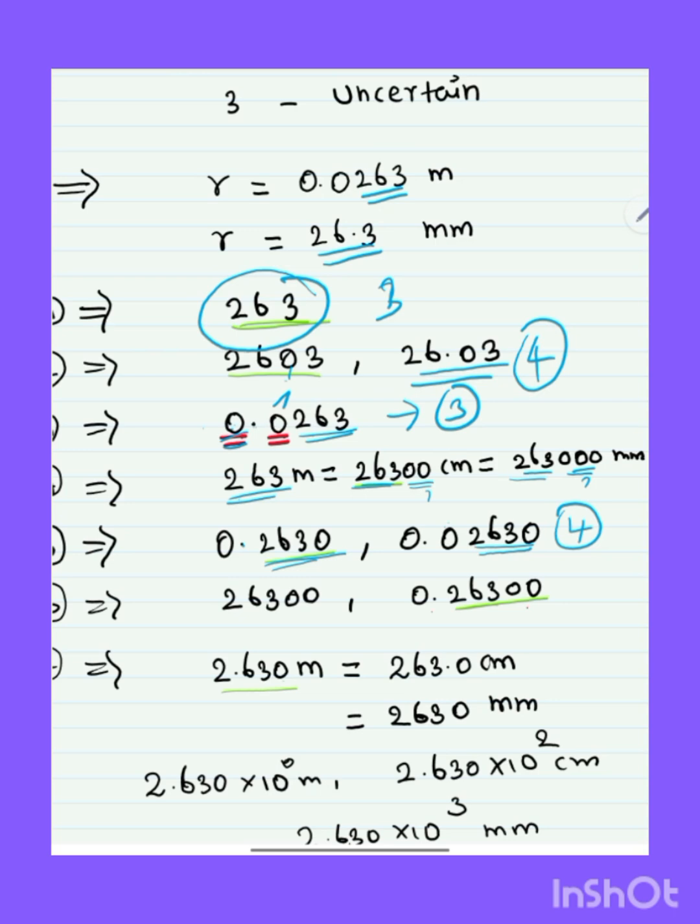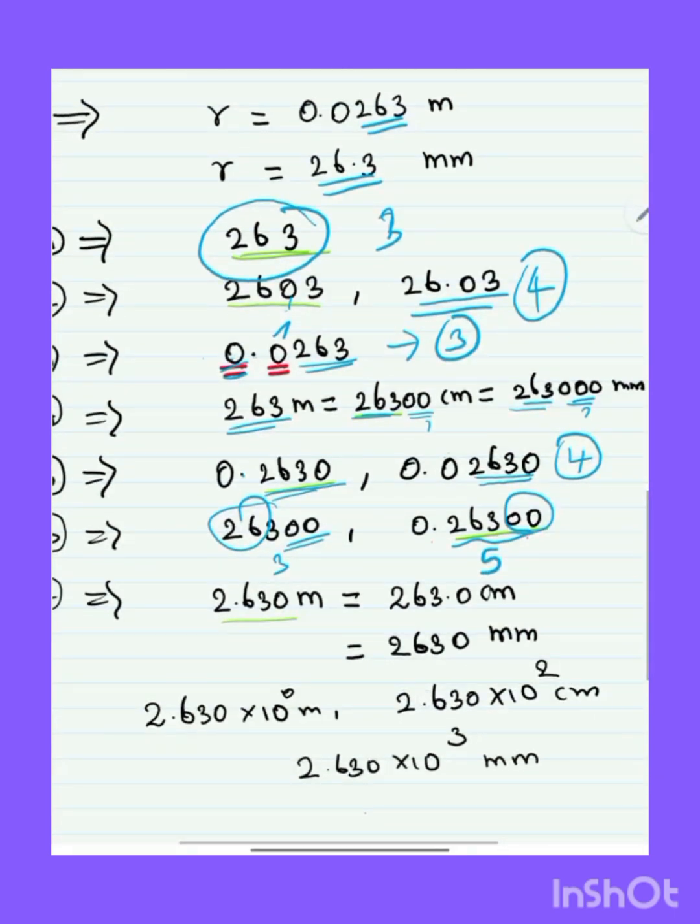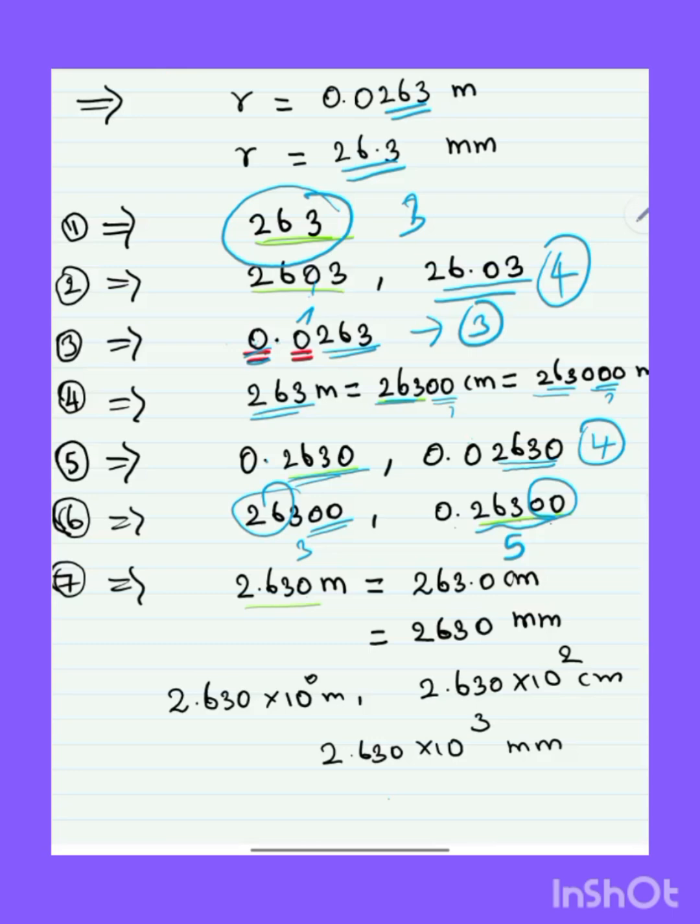All the trailing zeros in a non-decimal number are insignificant, so this has 3 significant digits, and once you put a decimal point, then these zeros become significant, so this has 5 significant digits. Got it?